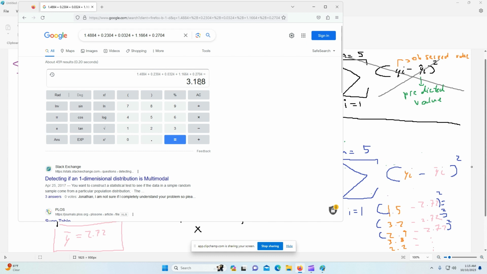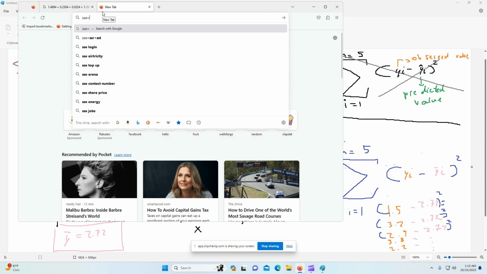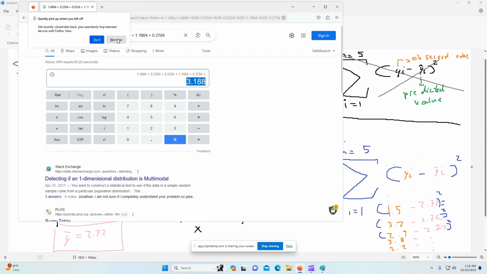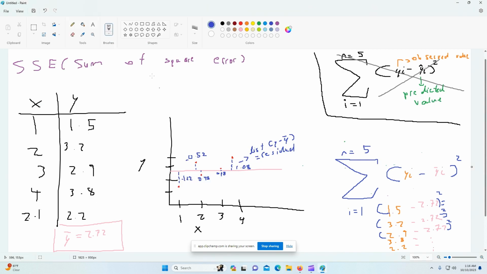So again, you're going to be working with bigger numbers. Your sum of square error is usually going to be very high, like 100 to like 1000 originally. So right now it's obviously 3.88, which is really not that high.